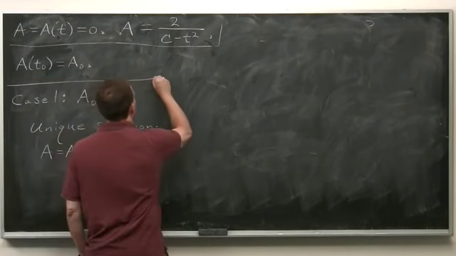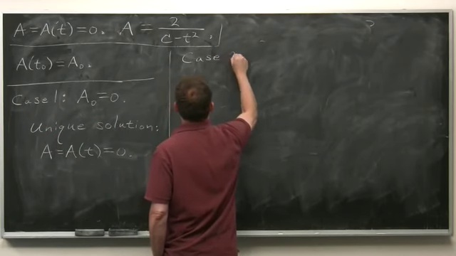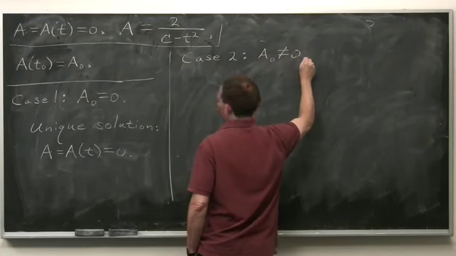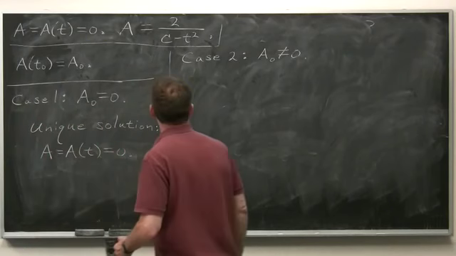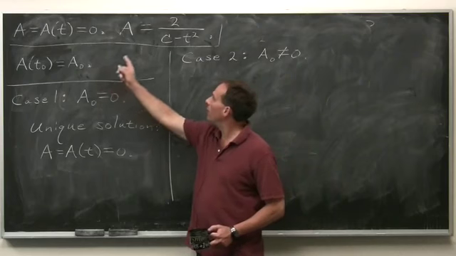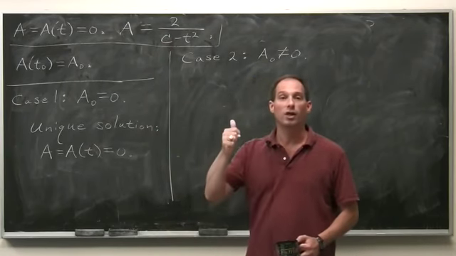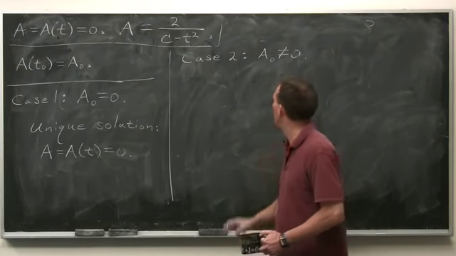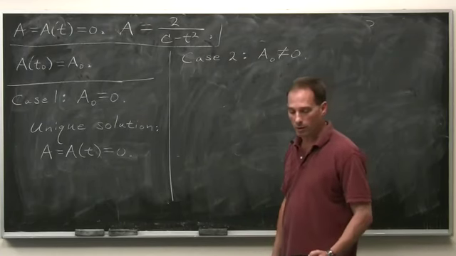Okay. What about the other case? Case 2. A naught is not 0. So if A naught is not 0, presumably we get one of these other functions. But let's see that knowing T naught and A naught, the whole question is, does it tell us exactly what this C is? Well, first of all, does there exist a C that works no matter what we pick for T naught and A naught, as long as A naught is not 0? And is there only one?